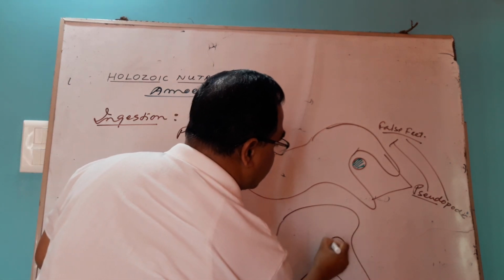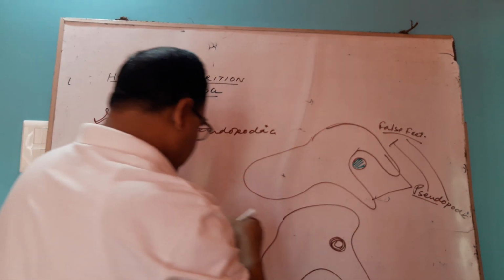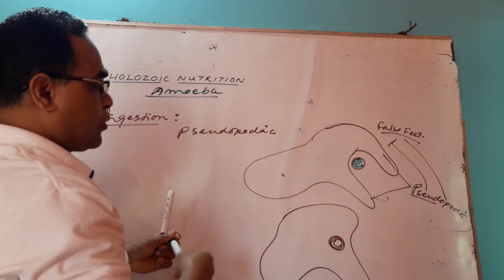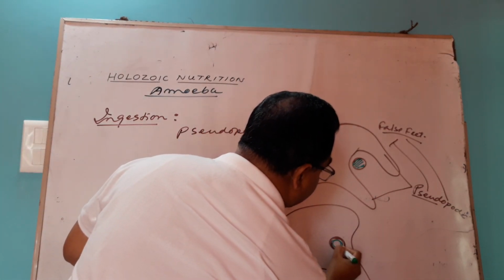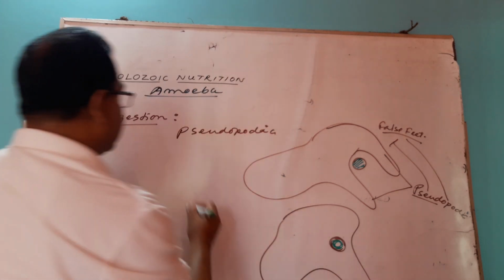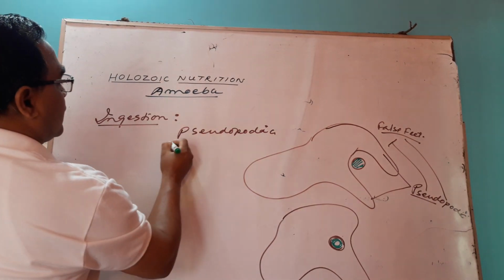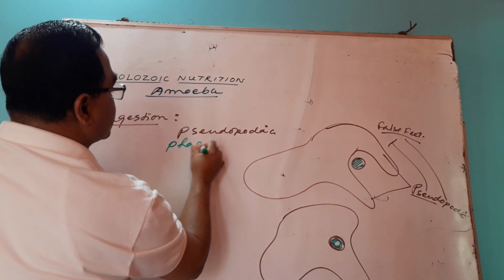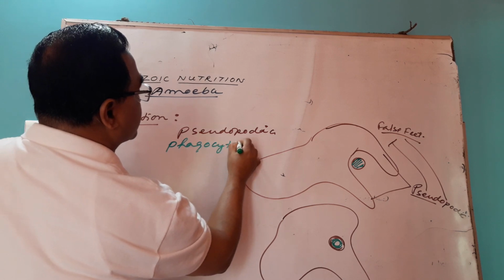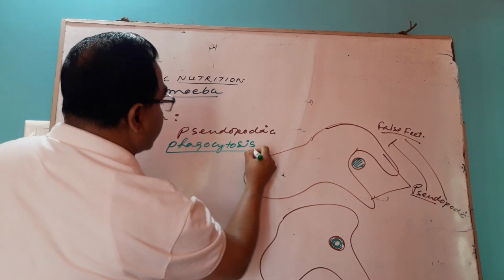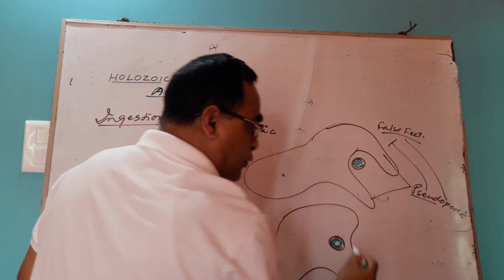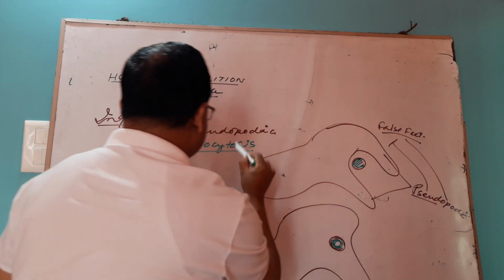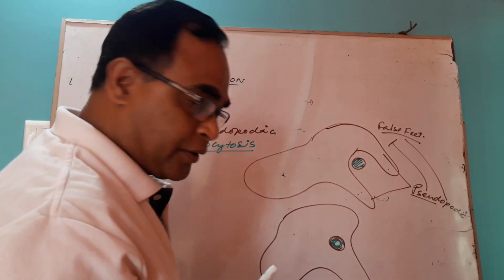This is how the food gets inside the cell, and this type of intake of food is called phagocytosis. What is phagocytosis? Intake of food with the help of false feet, pseudopodia, is called phagocytosis.